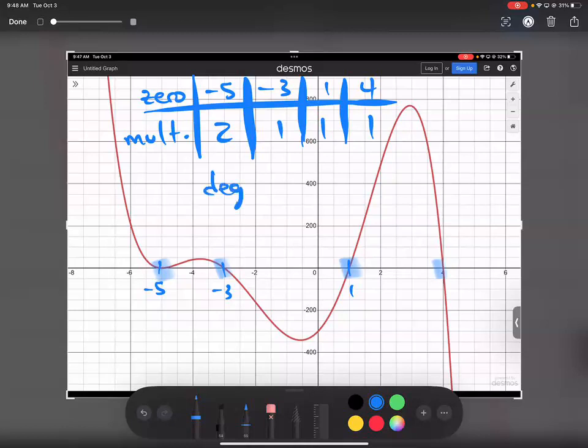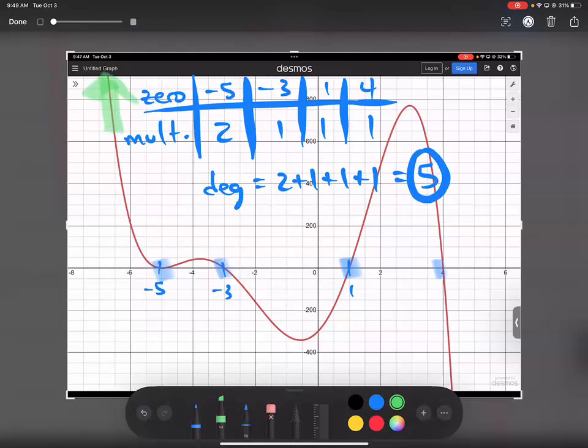Does that match what the end behavior does? What do the ends do? They're opposite. They're going in opposite directions, which tells me that the degree is odd, and 5 is an odd number. So, okay, great. That all matches, right?